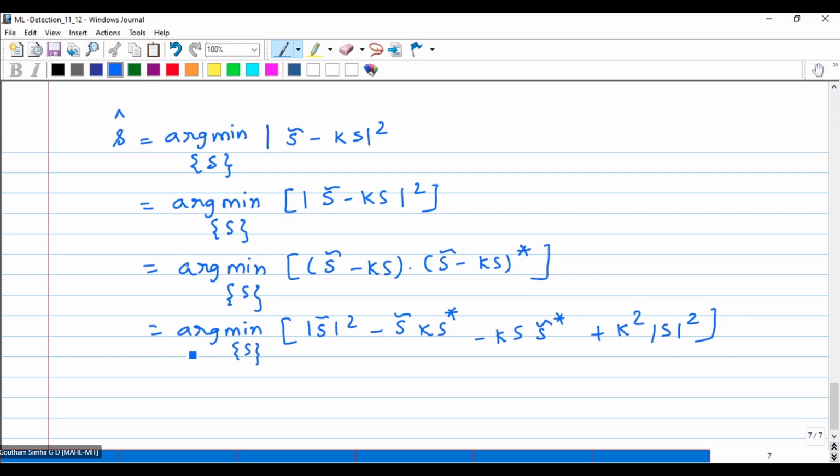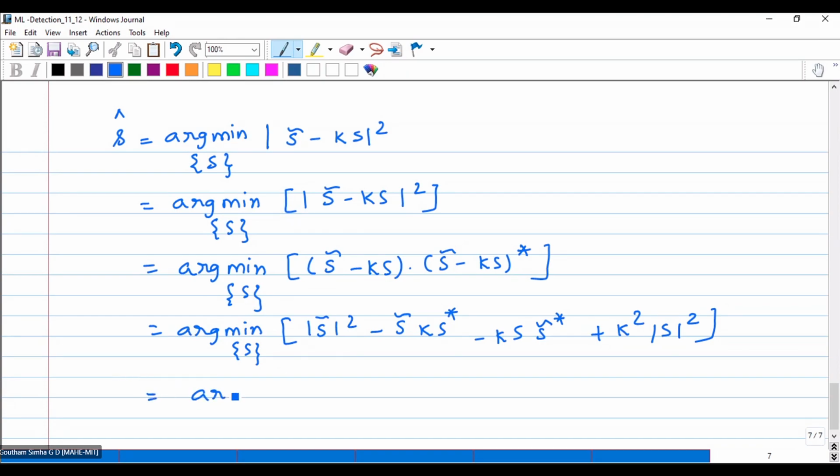What is S tilde minus S whole square? That is S tilde square minus S tilde S conjugate minus S tilde conjugate S plus S square. That's all. So that can be written in terms of.